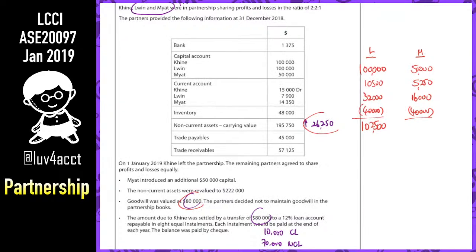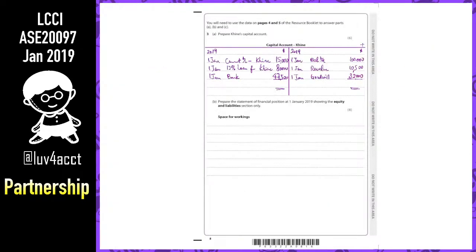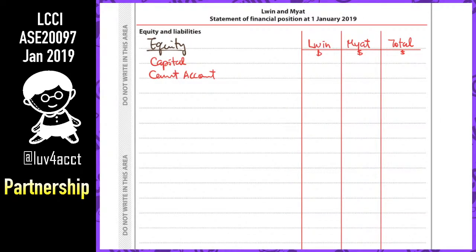And Matt is going to introduce 50,000 as well. Almost forgot. 50,000, 16,000, 40,000. So it will be 81,250. So 102,500 and 81,250. Let us put the amounts. 102,500, 81,250. Later we calculate the total.